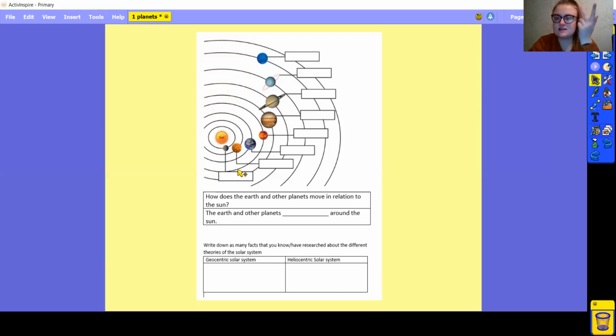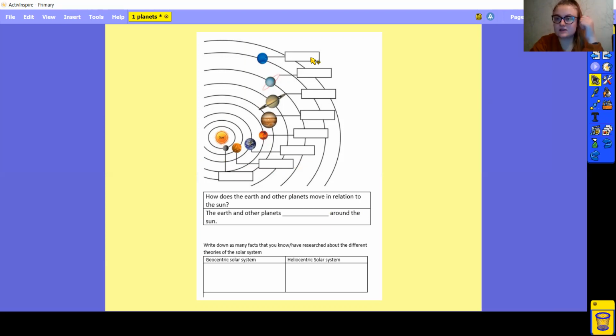My Very Easy Method Just Speeds Up Naming. There's 8 planets, and your other one would be Pluto, but obviously that's not a planet anymore, it's a dwarf planet. So your first one would be Mercury, Venus, Earth, Mars, and so on. So you just have to put in the names of each of the planets here.